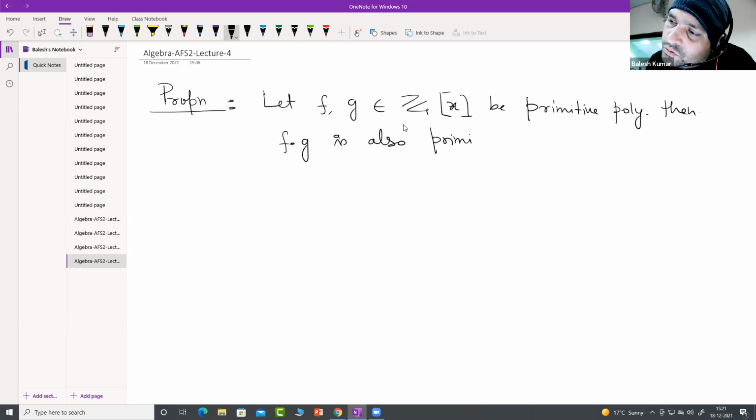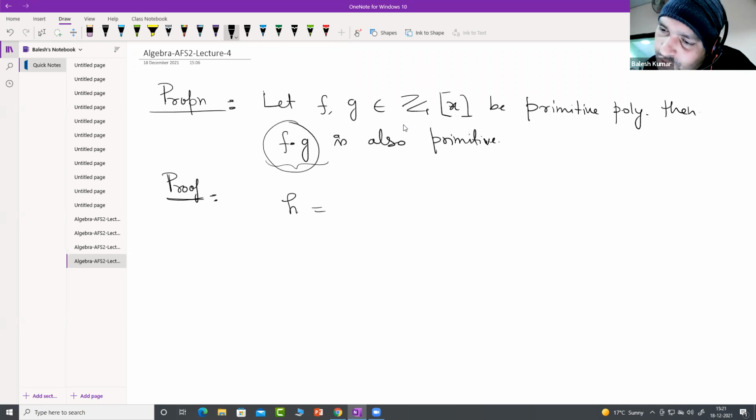How to prove it? In order to show it is primitive, we need to show that the coefficients of f times g do not have any common factor except the units. We also need to check that the leading coefficient of f times g is positive.